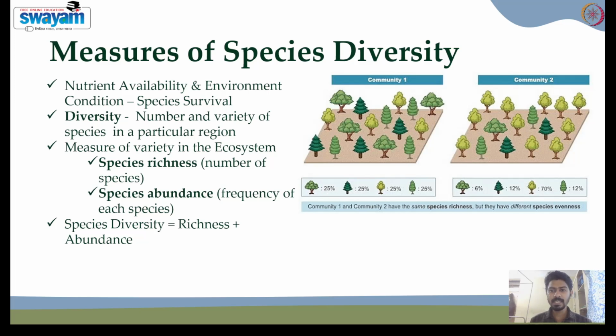So this is the basic difference. Richness refers to the number of species present in an environment or ecosystem, whereas abundance relates to how many individuals of each species there are.